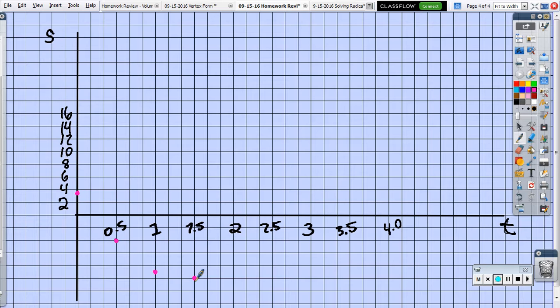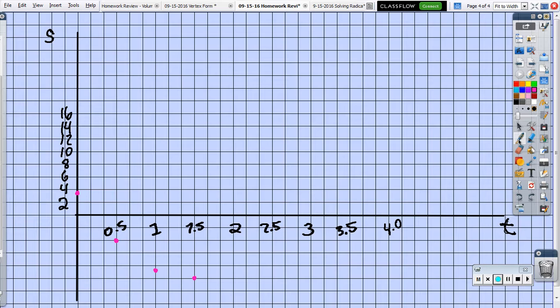Uh-oh, is that not right? 2, 4, 6, 8. 9 would be right there, so it has to be moved up just a skosh. It'd be 8.5, right there. That'd be right. And then at 2, we're at -8.5 again.